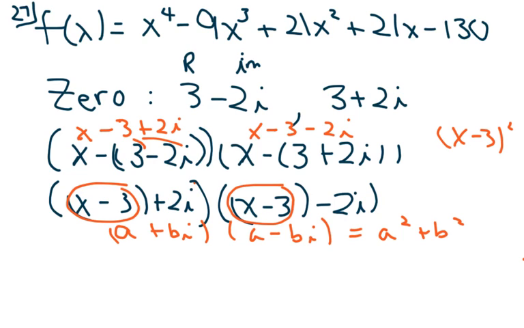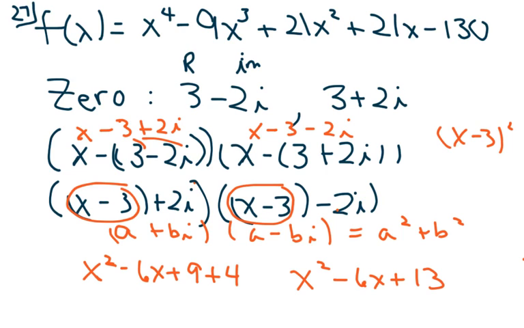I'm going to get x squared minus 6x plus 9, and then all I have to do is square my 2. So 2 squared is 4, so I just put plus 4. So my divisor is going to be x squared minus 6x plus 13.